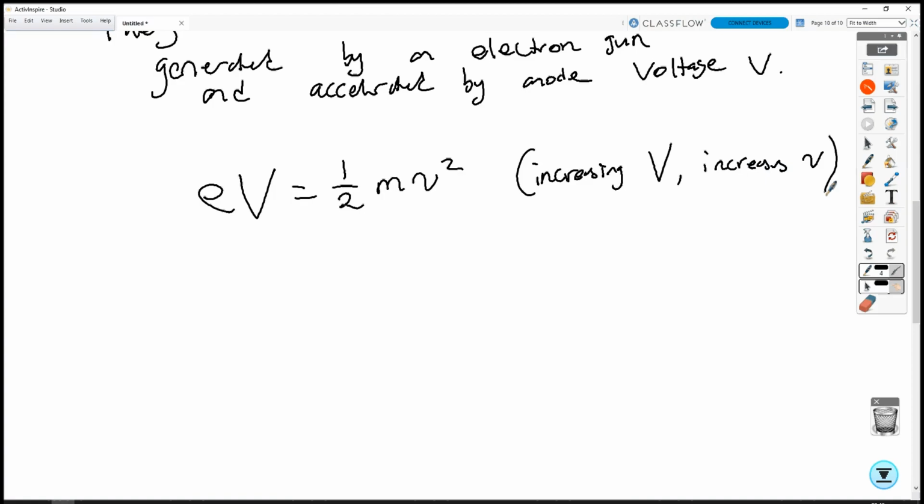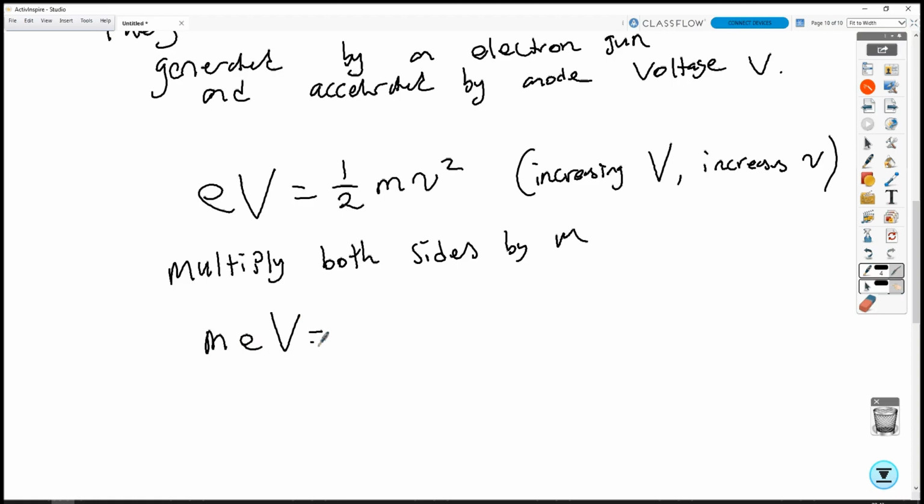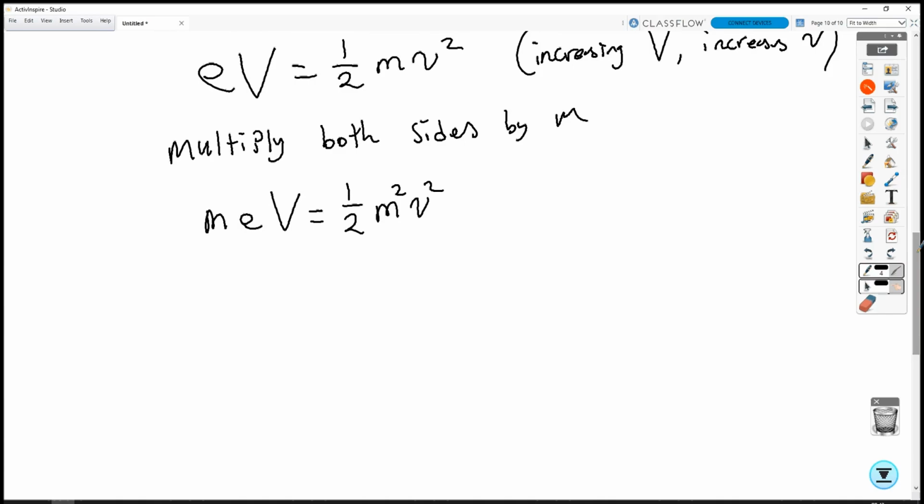If we then multiply both sides by m, we get meV equals a half m squared v squared. We can rearrange this to get the momentum. So 2meV equals m squared v squared.